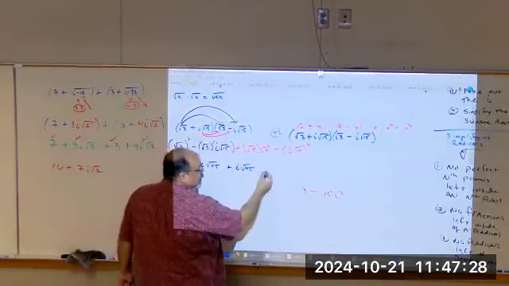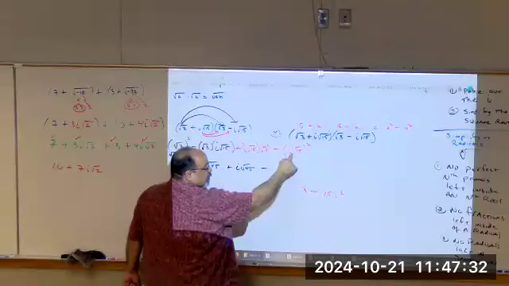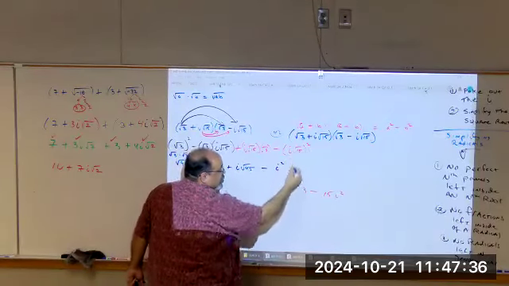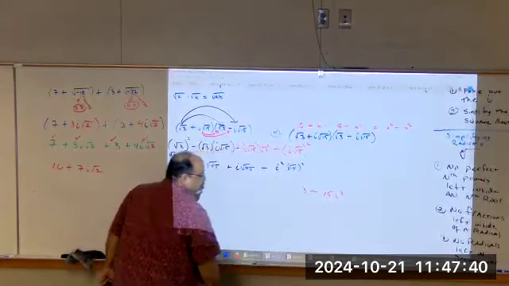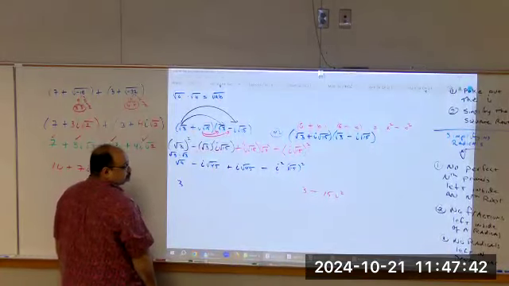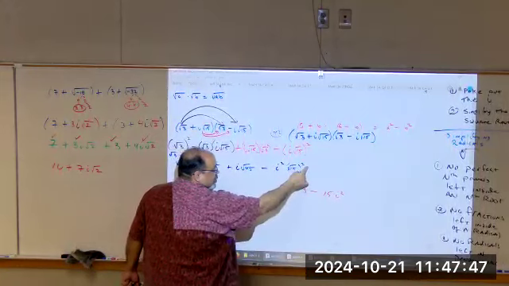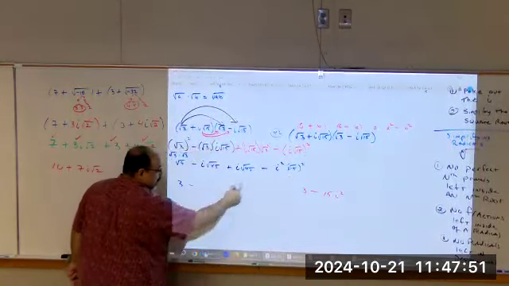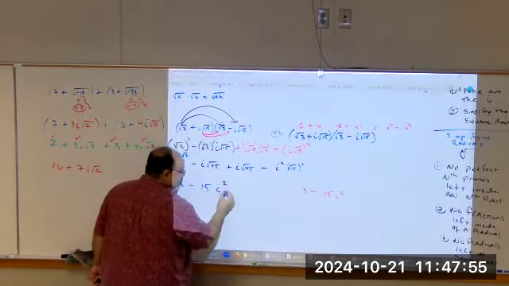When you have two factors to a power, the i gets raised to the power, and the square root of 15 is going to get raised to the power. So I'm squaring that square root of 15. The square undoes the square root, so I just get 15, and I have times that i squared.